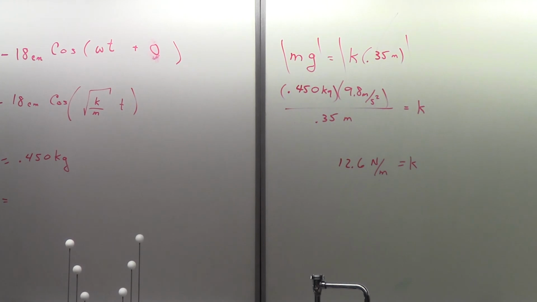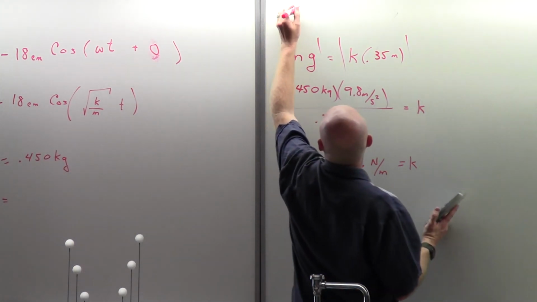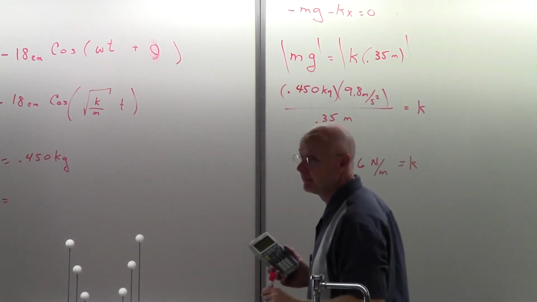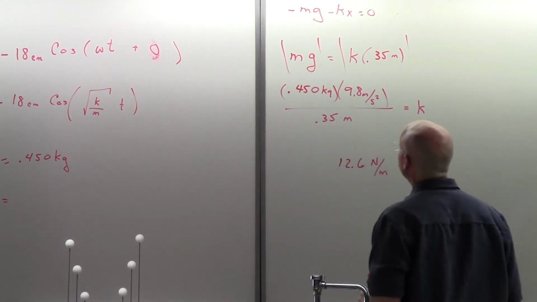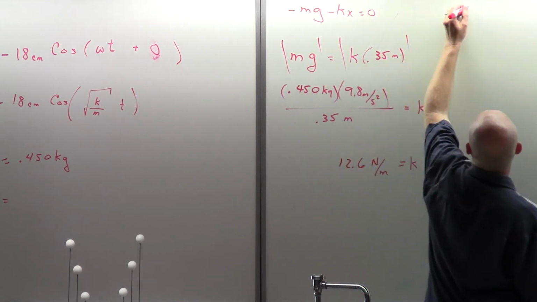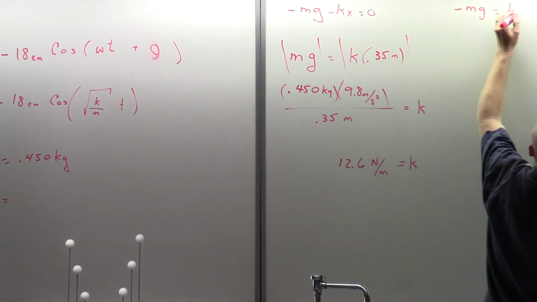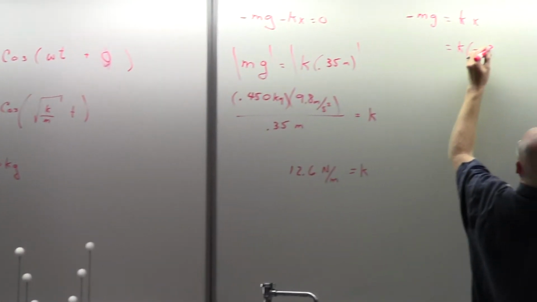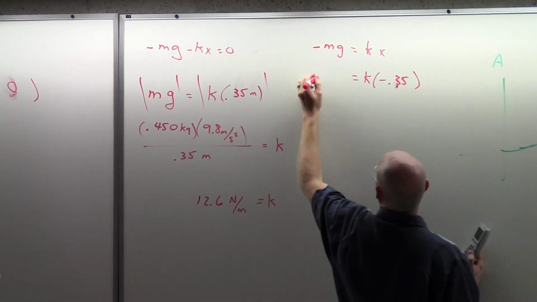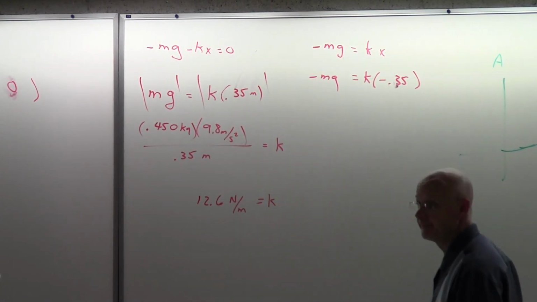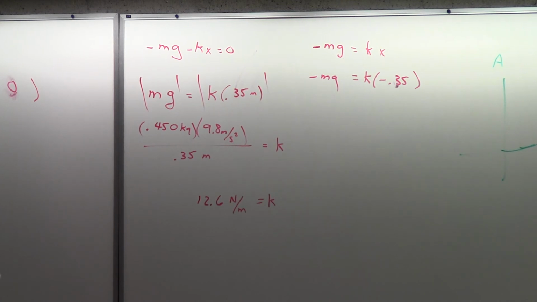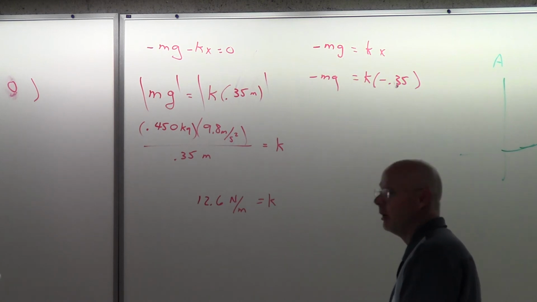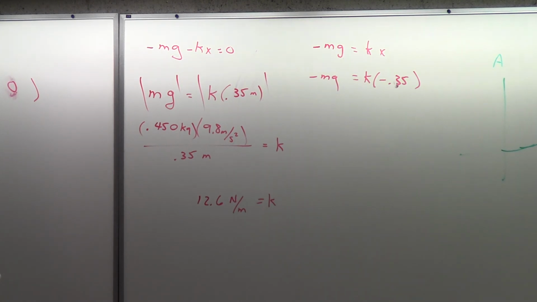If you felt any better, I could have said back at the beginning, this was our equilibrium, so minus mg minus kx equals 0. Right? And as I rearrange it, I would have minus mg equals kx, and then x goes down, so it's negative 35. That help? And then I get the same thing. Yeah. I was just wondering if it matters. So it won't matter in terms of me giving you points. It may matter in you setting it up.